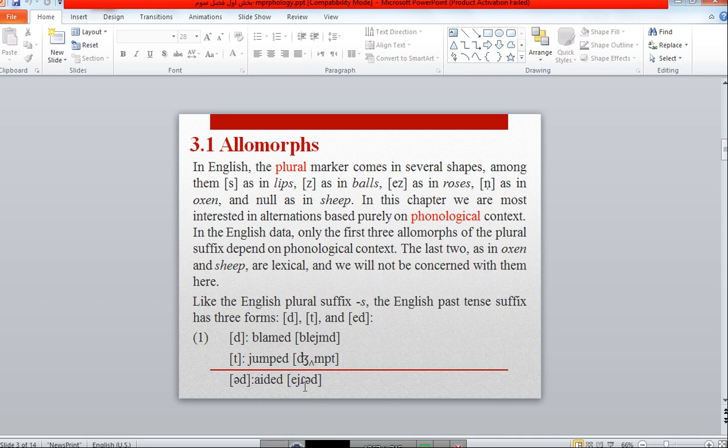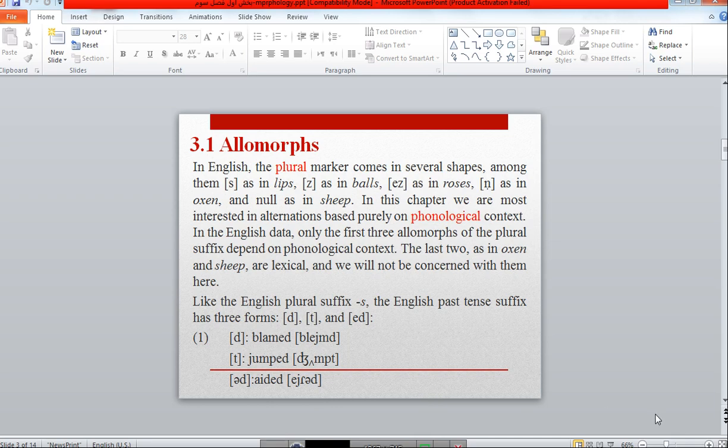Here you see. So we can formulate the distribution of the allomorphs in even simpler terms. The English past tense suffix is d. I mean, this is the underlying past tense suffix, where we find t, the d has assimilated to the preceding segment in voicing. Where we find ed, I mean this a or schwa has been added by an automatic phonological rule of epenthesis.